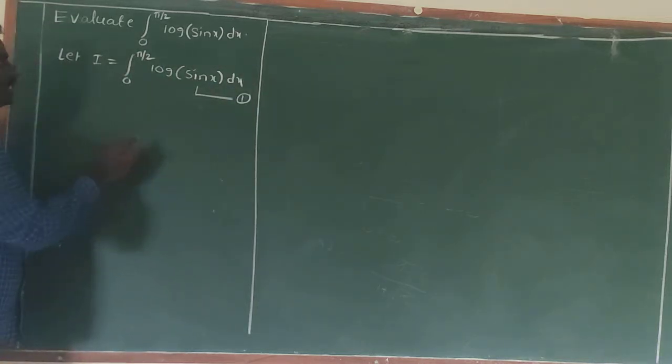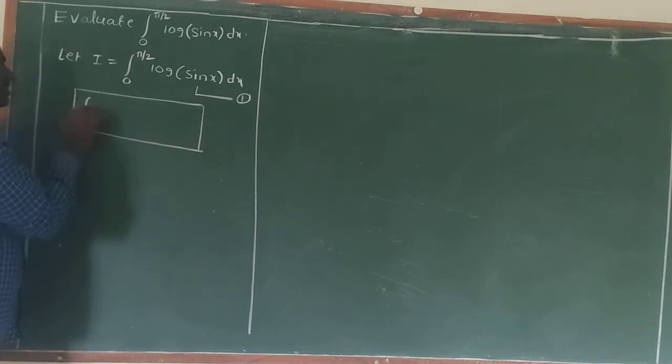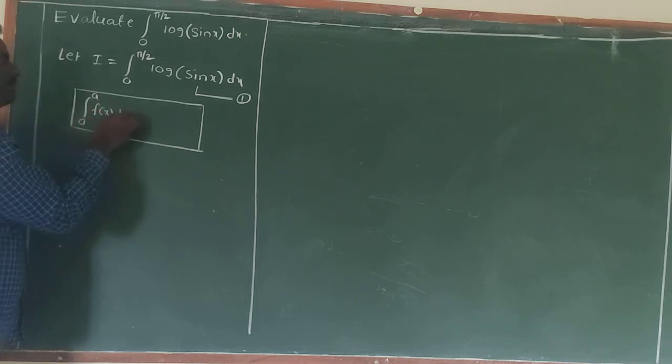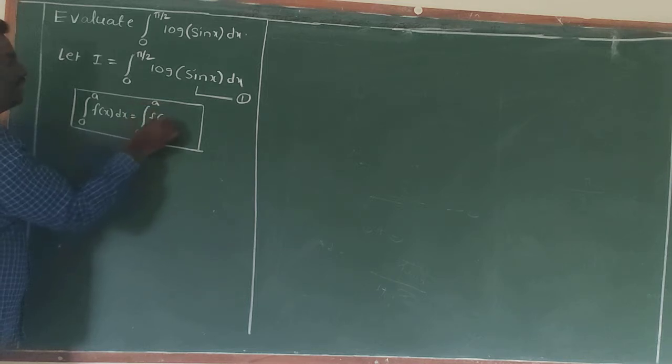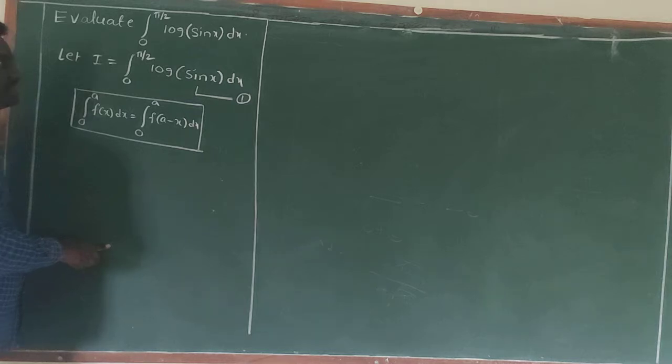Now here I am using one property: integral 0 to a f of x dx is equal to integral 0 to a f of a minus x dx. So what is the meaning of this property? In place of x we need to substitute a minus x. A means what? Pi by 2.